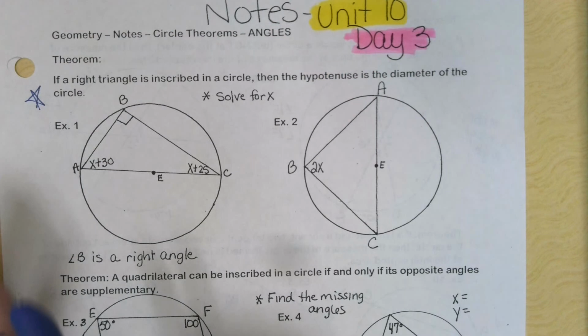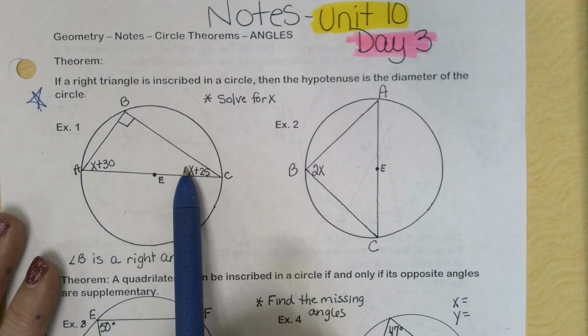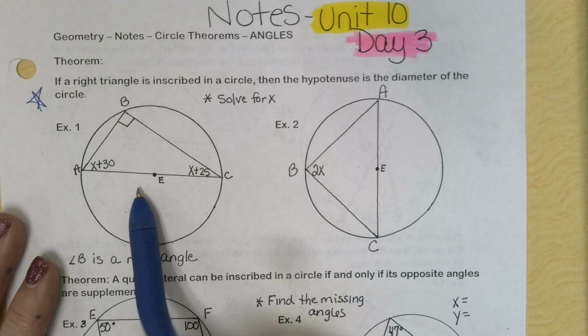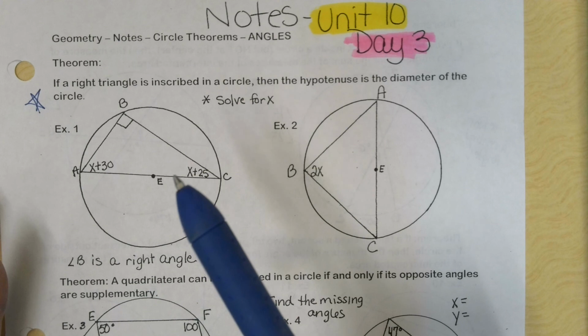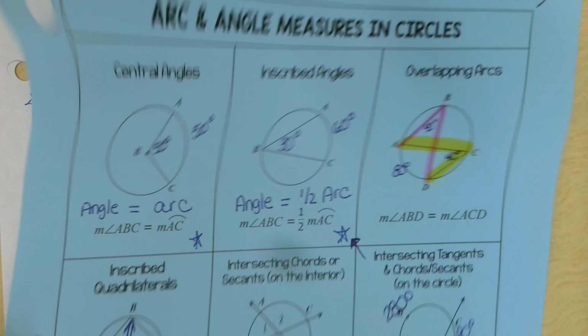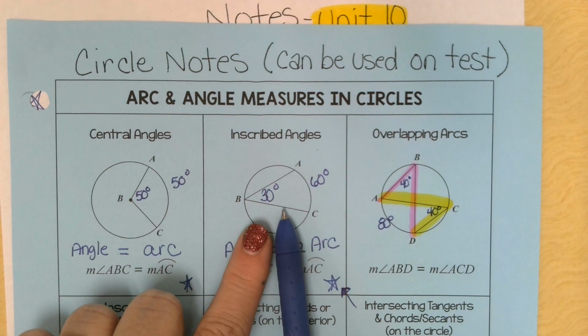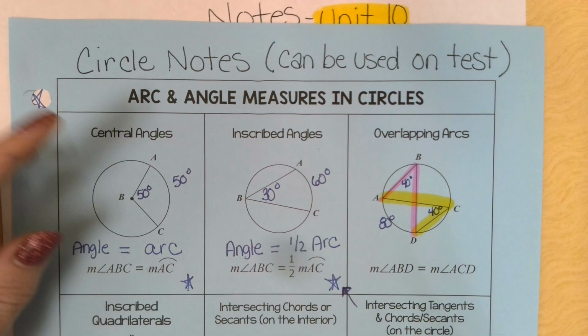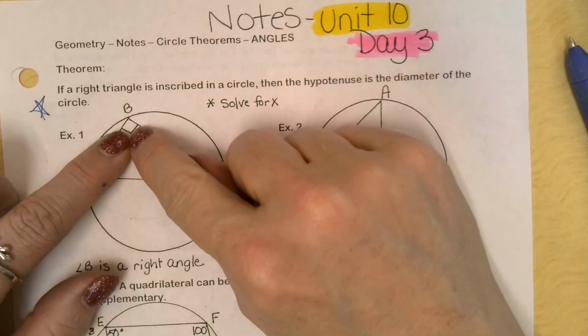The theorem says, if a right triangle is inscribed in a circle, then the hypotenuse is the diameter of the circle. So if this is a right angle, then this is the reason why. It kind of goes off of this. It's a very popular theorem, okay? The angle is half the arc. So work with me here. Look at the right angle.